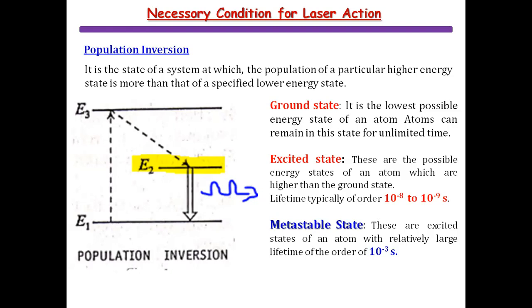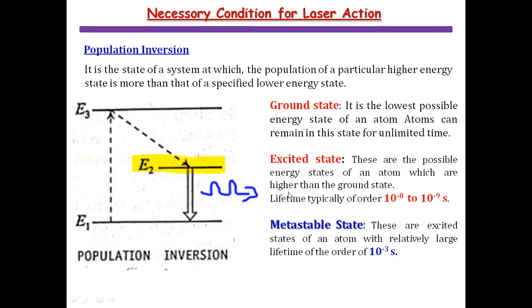Therefore, we add some impurity and insert one more energy level in between E1 and E3. This is an excited state, but with a higher lifetime, of the order of 10⁻³ seconds, that is, a millisecond.